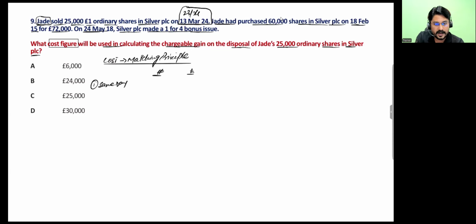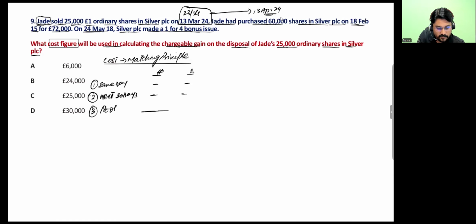We need to check whether any shares are purchased on the same day. No shares are purchased. For individual persons, after the same day we consider the next 30 days from the disposal date till 13th April 2024. No purchases in the next 30 days are given. And the last step, the remaining shares can be considered from the pool. How many shares do we require from the pool? The entire 25,000 shares would now be taken from the pool.